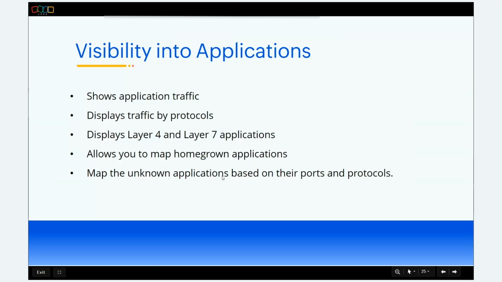Visibility into applications. Application traffic monitoring is one of the significant advantages, as you can get to know the bandwidth usage of your network to its bits and pieces. With NetFlow Analyzer, your application monitoring is made easier as it gives you insights into both Layer 4 and Layer 7 application traffic.